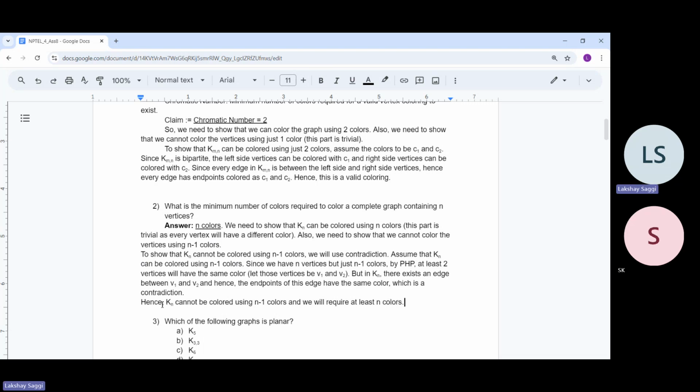Note that we require at least n colors, and we have also shown that we can do it using exactly n colors. So we have a lower bound as well as an upper bound, and that's why n is the minimum number of colors required. I hope it's clear to you.